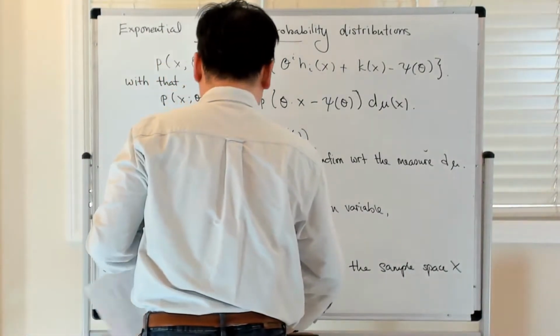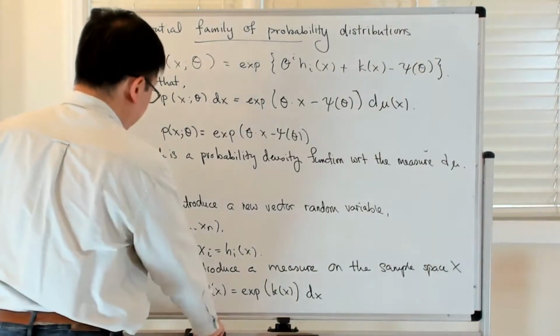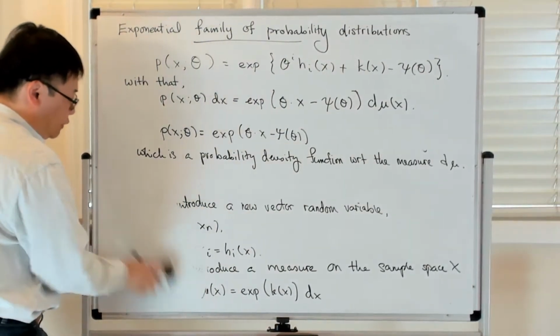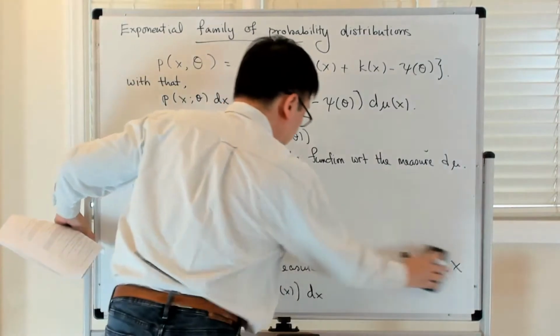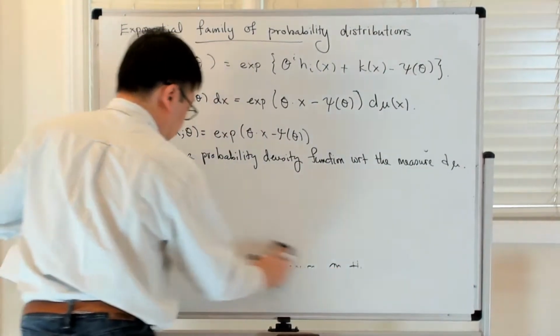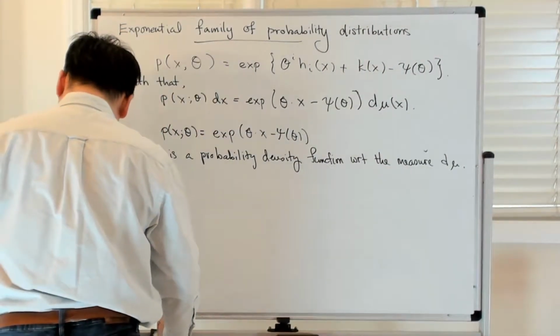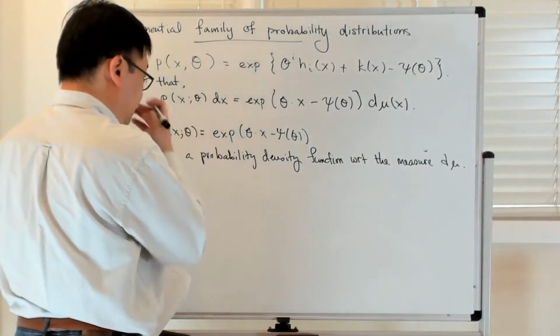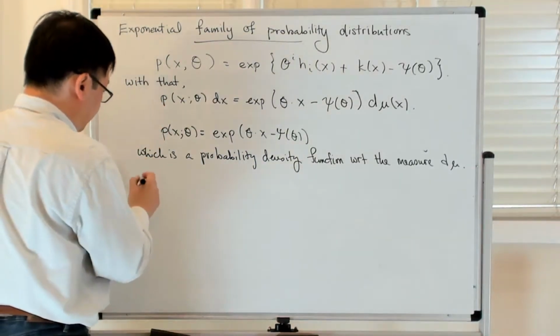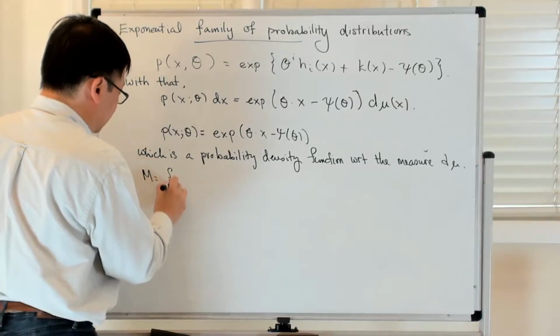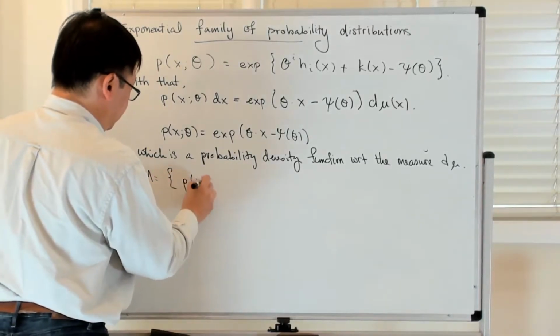All right. So you have these probability density functions, and you have a family of them. Let's denote a set of these probability density functions as M. So M is the set of p(x, theta).